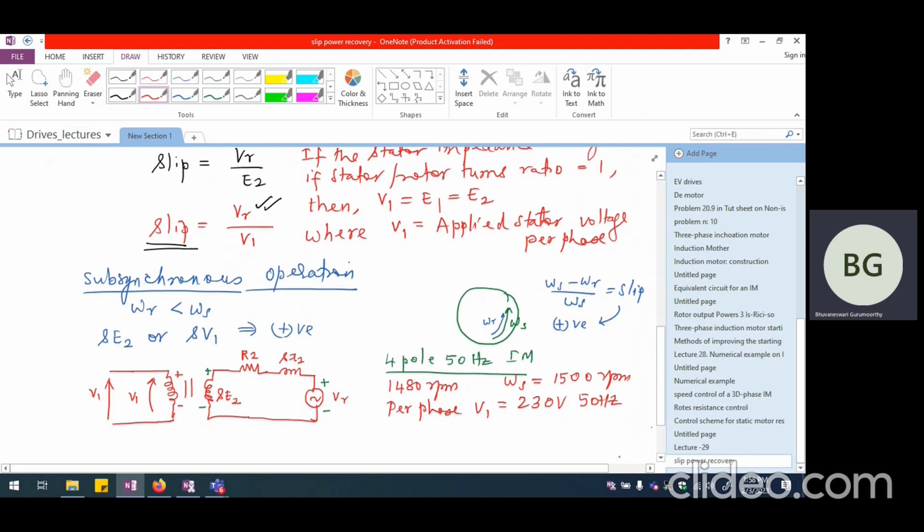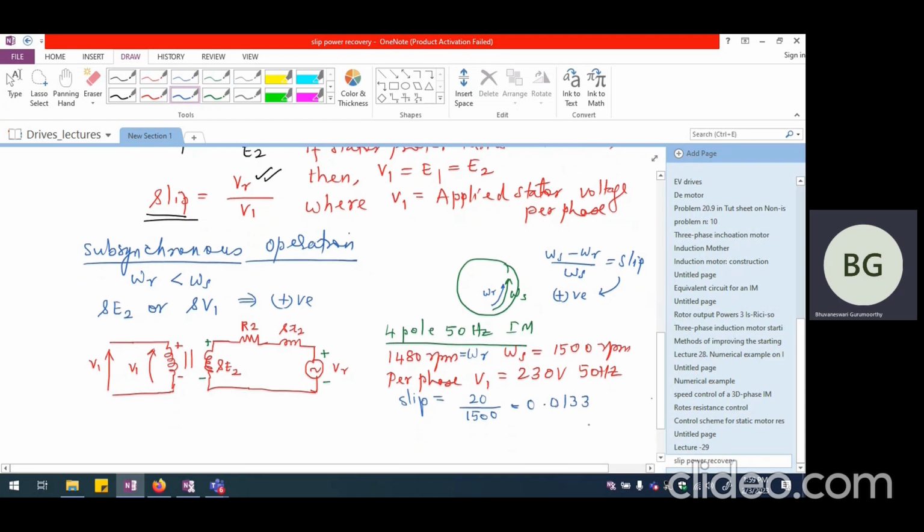So in this particular case, if I try to calculate the slip value, the slip is going to be 20 RPM divided by 1500 RPM. That is, omega s minus omega r is 20. So 20 divided by 1500 is 0.0133 as the slip.